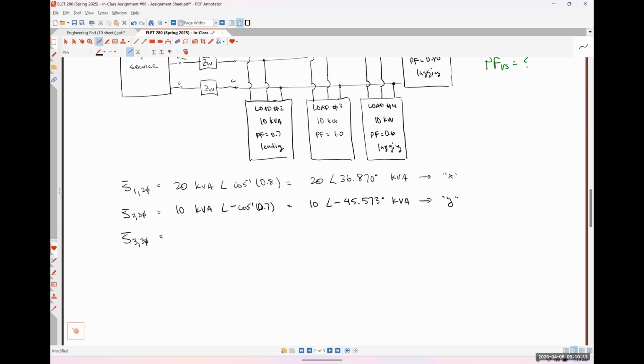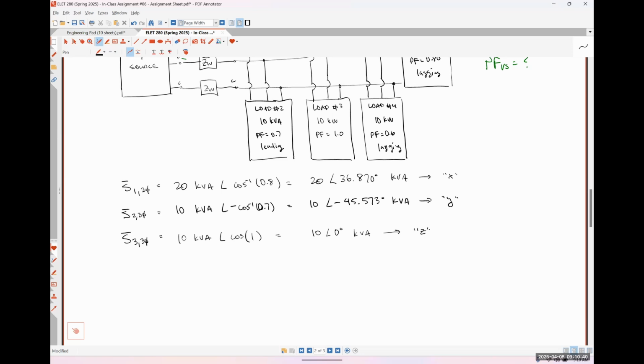What about load 3? Anybody else? 100%, because it's operating at a unity power factor. Absolutely right. So 10 kVA angle inverse cosine of 1 is just 10 angle 0 degrees kVA.